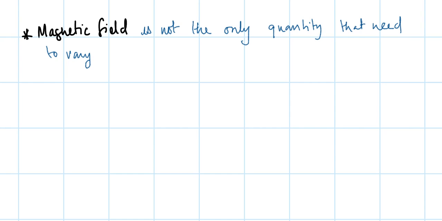If you change the orientation of the coil to a certain degree, the area exposed through which the magnetic field passes reduces or increases depending on where you are and what you are doing. So the area of the coil also plays a role in the amount of EMF induced.